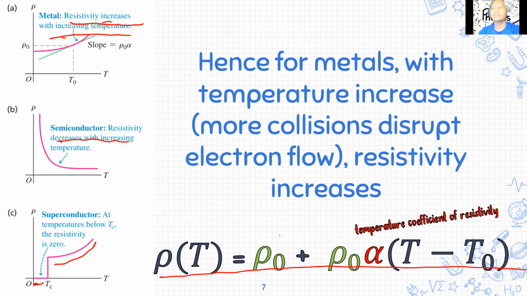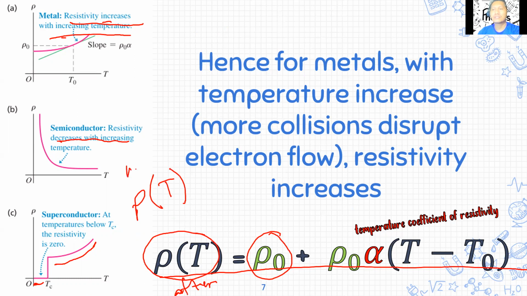This is your resistivity before the temperature increase, and this is your resistivity after the temperature increase. Notice the notation. Kung makita ta ginana, dili ni siya times, so not multiply. What this means is rho is a function. Rho is a function of temperature.